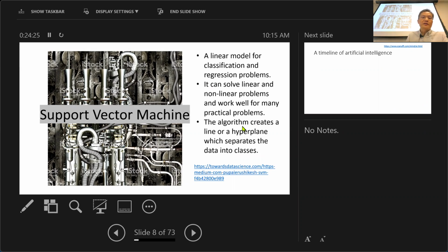At the beginning, this was not a so-called support vector machine, but gradually people adopted this name. I don't know why. In the beginning, it was called support vector network. It can be used to solve both linear and nonlinear problems and works well with many practical problems.